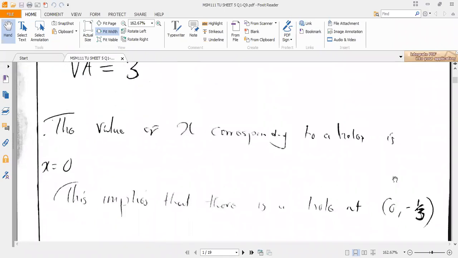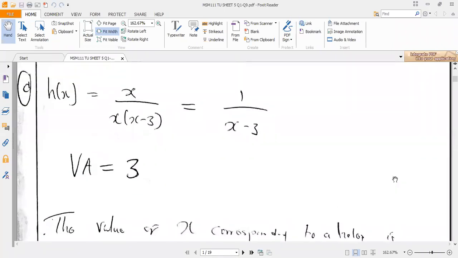No, sir. Discover that there's a hole here, which is taking place when x is equal to 0. So we know that when x is equal to 0, this function will be undefined. Since we have common factors, we can cancel these two, and we will have what we are calling a hole, a point which the function passes through. But that point is not really defined by the same function.